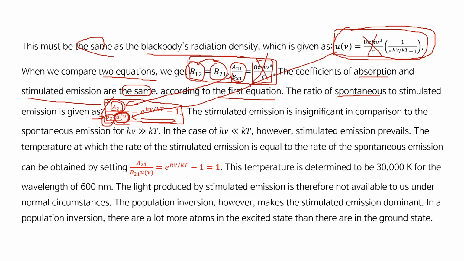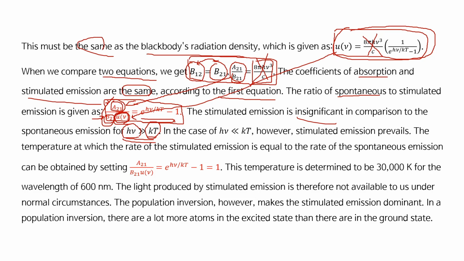The stimulated emission is insignificant in comparison to spontaneous emission for h nu much larger than the thermal energy. So this means that the temperature is very low, it's the low temperature case.